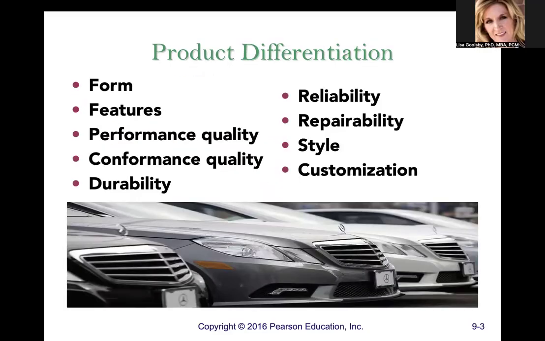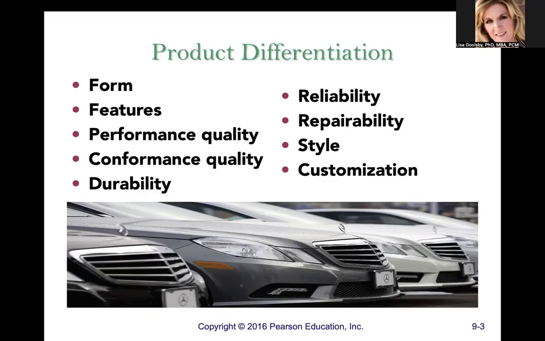So if we look at product differentiation, and we have cars there because there's a lot of differentiation even within vehicles. If you wanted to look at a certain make of vehicle, you've got many different models of a vehicle. But products can be differentiated on their form, how they look.